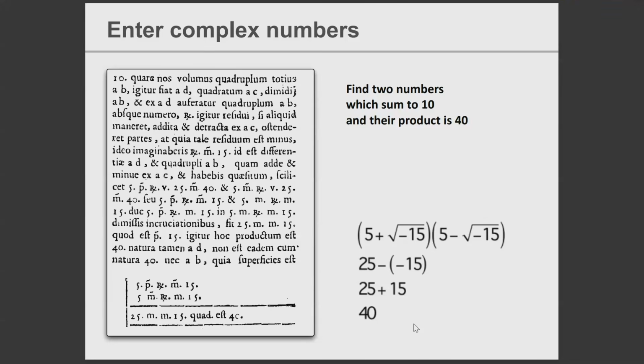But they didn't have the modern notation. Here he writes 5 plus the square root of minus 15, with the symbol for square root at the time. That's how they were doing the calculations.